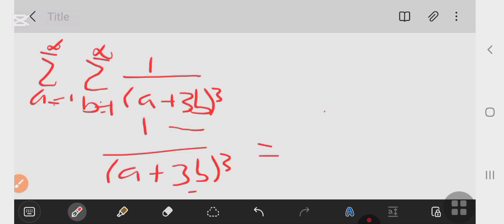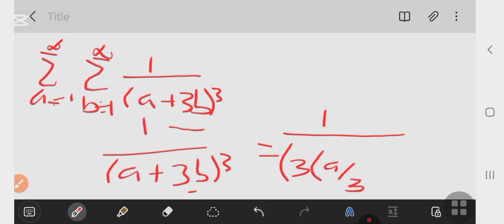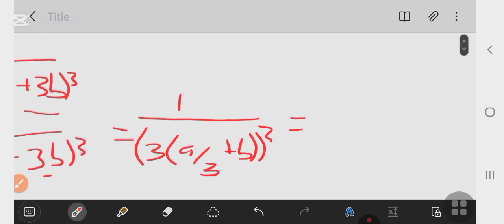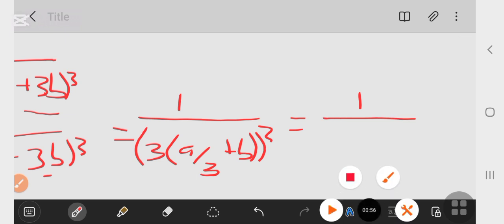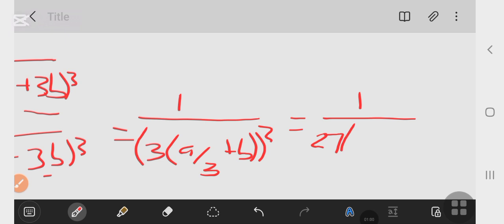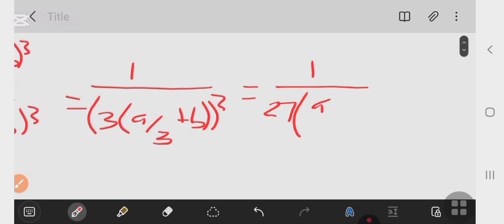I have 1 over 3 multiplying a over 3 plus b, all cubed, which is the same as having 1 over 27 all into a over 3 plus b cubed.